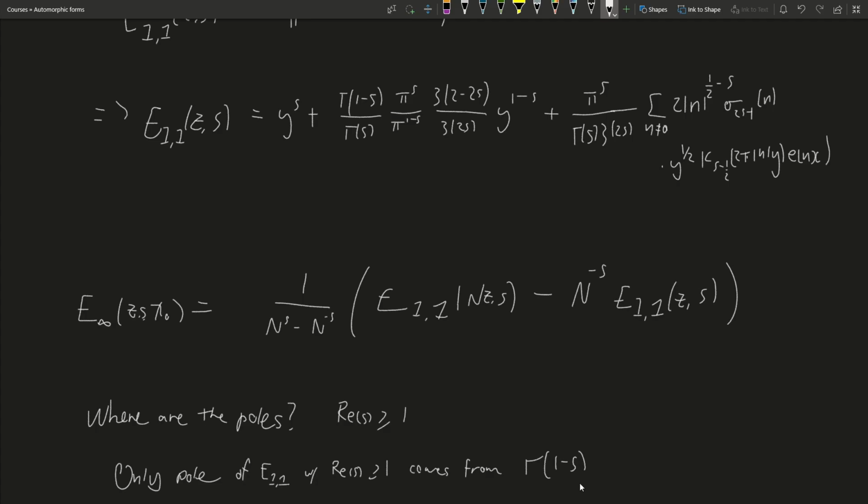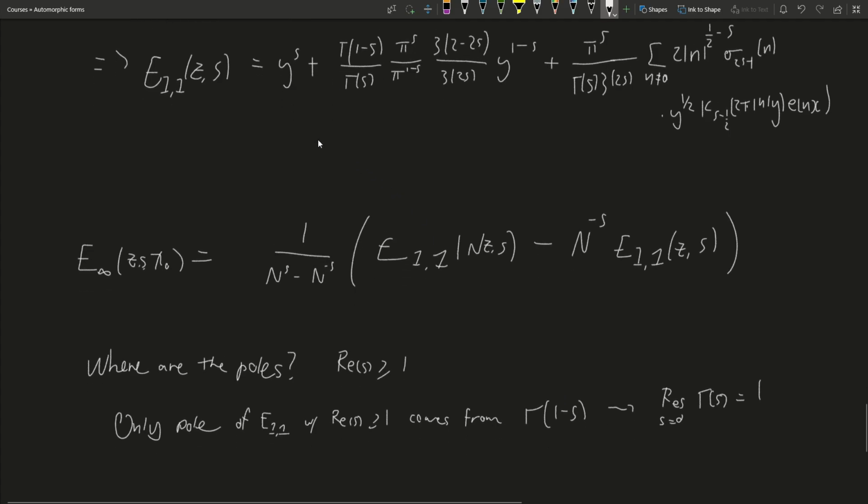And as you can look up on Wikipedia, for instance, the residue at s equals 0 of gamma of s is 1. So that means the residue of this is going to be minus 1, since we have a minus s.